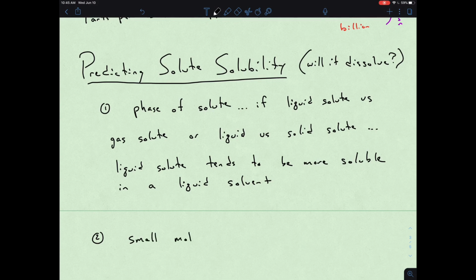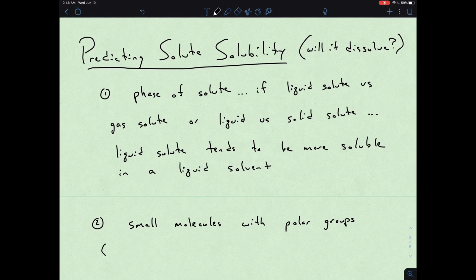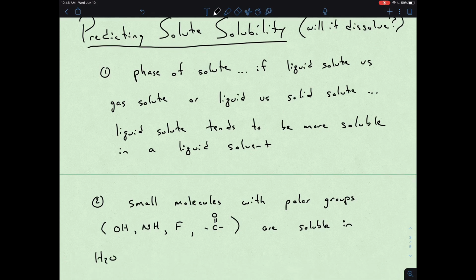So if we have small molecules with polar groups, polar groups being groups such as OH or NH, any of these electronegative groups, fluorine, carbon-oxygen double bonds, these small molecules with polar groups are soluble in water due to matching hydrogen bonding forces of attraction.